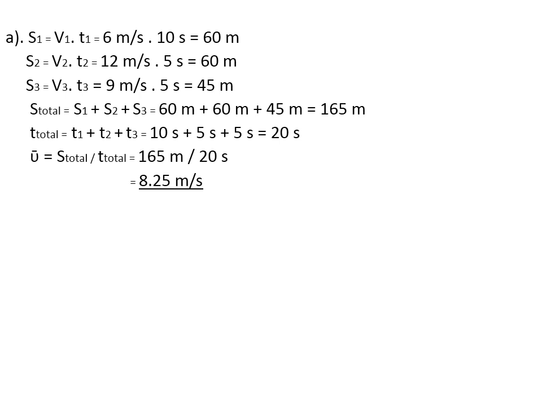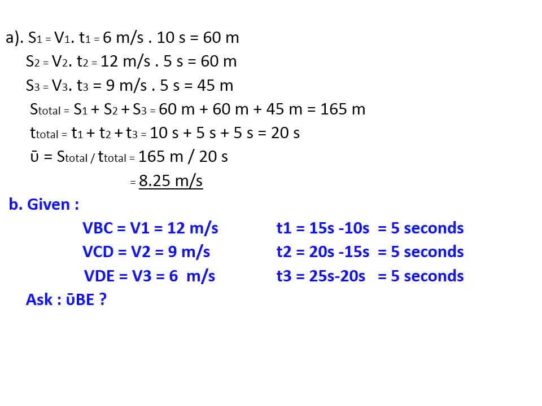From the graph for question B, we can get the information given: VBC equals V1 equals 12 meters per second. T1 equals 15 seconds minus 10 seconds equals 5 seconds.